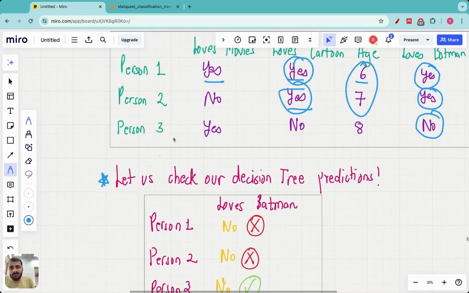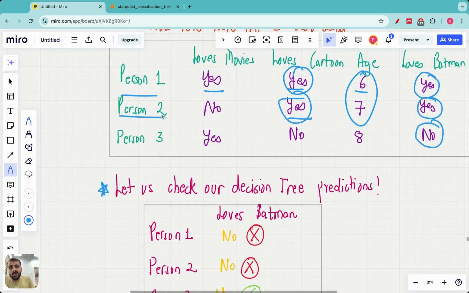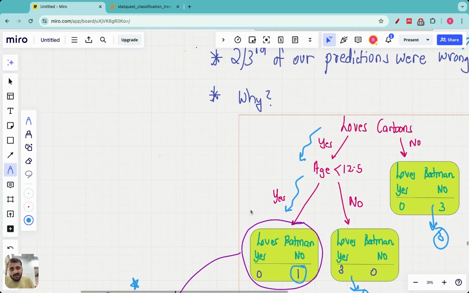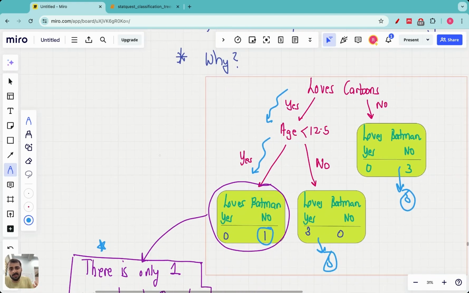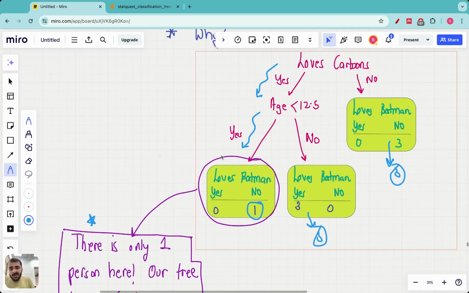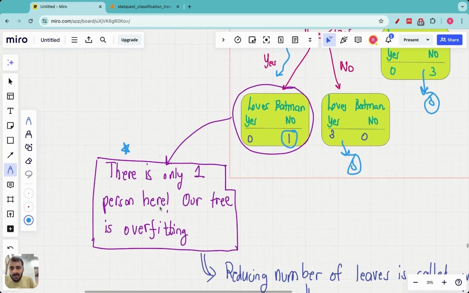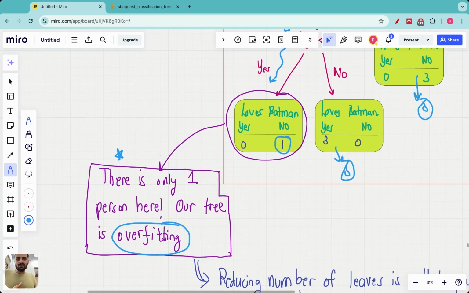These two people, person one and person two, belong to this branch over here, and they came to this leaf, but the answer was wrong for those people because we designed this leaf and its answer based on just one person's data. And this is the problem of overfitting. That person's data might just be noise.